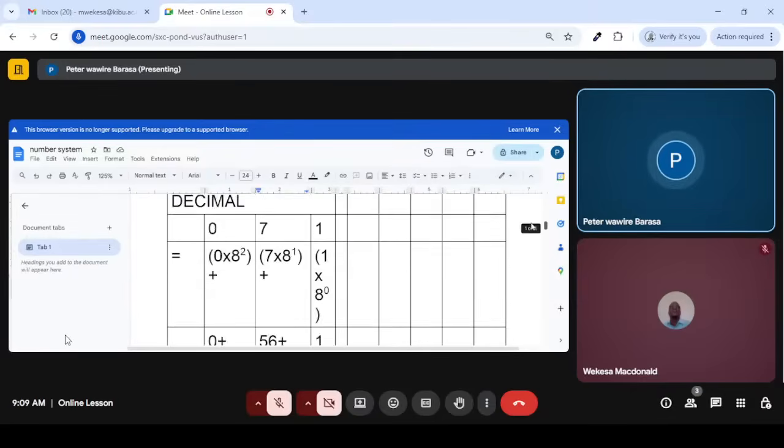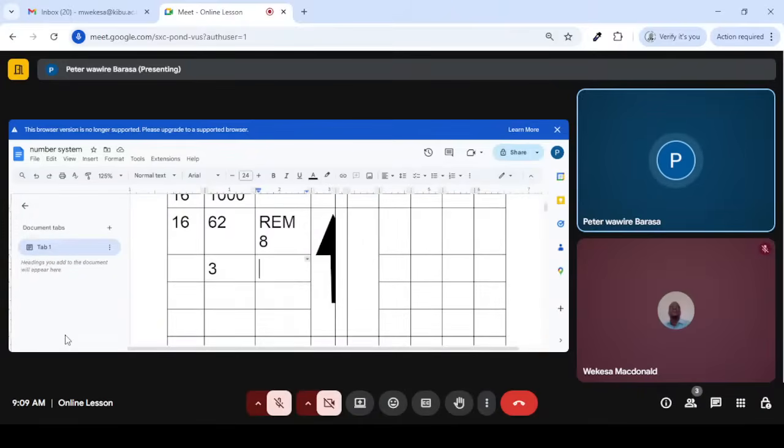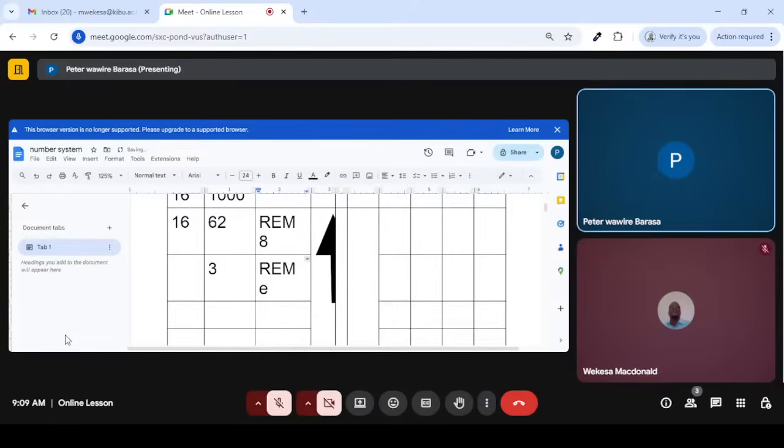So when you get a remainder of 14 here, you don't write the 14. You say remainder 14, which is E. Capital E. The remainder here is E.